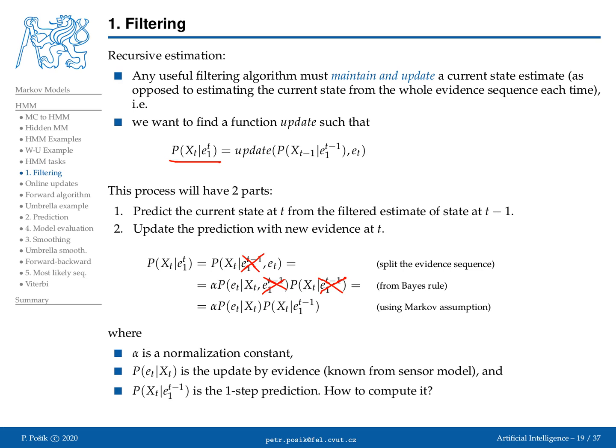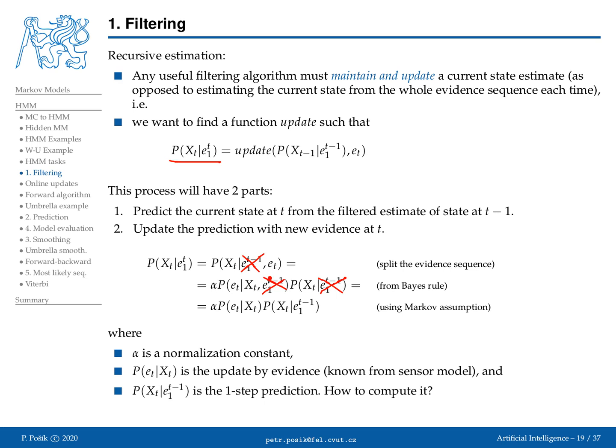So p(x_t) is proportional to p(e_t | x_t) times p(x_t). The alpha here is just the standardization or normalization constant, which is the probability of e_t. But you don't have to compute it actually. It is sufficient to write, okay, there is some constant, I will normalize the distribution after the computation is ready.